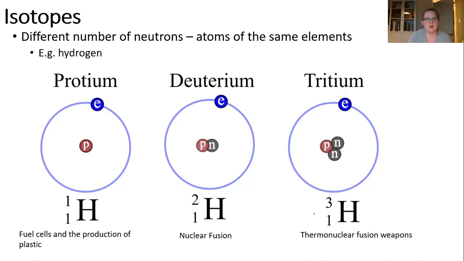So hydrogen, and we have 3 isotopes of hydrogen: protium, deuterium, and tritium. Again, we have these prefixes that suggest 1, 2, 3.